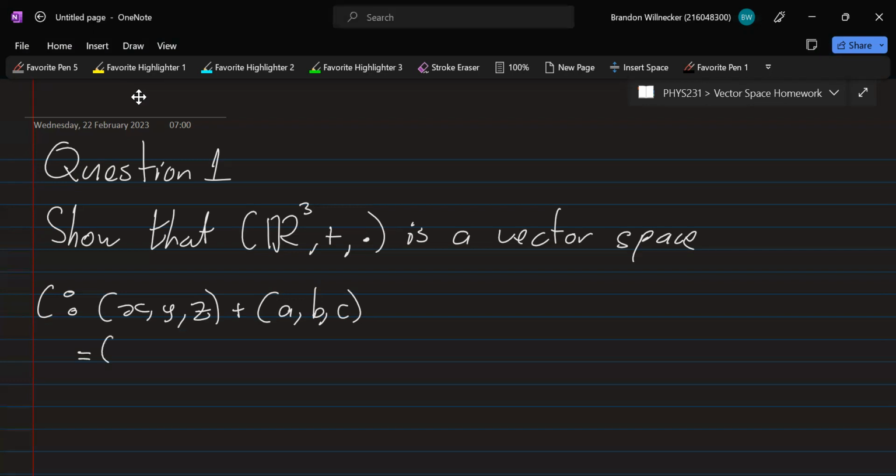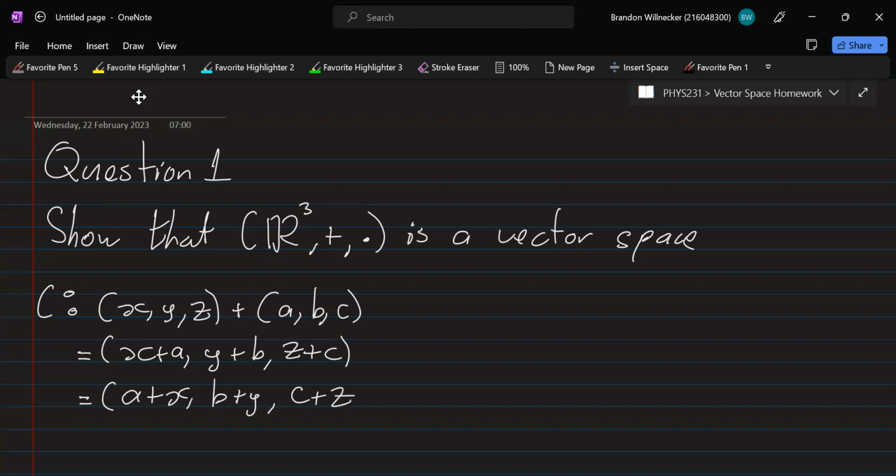So by definition, this is going to be x plus a, y plus b, z plus c in that order. Now this addition inside the tuple, that's the addition on the real numbers. We're going to assume that that is commutative, which means we can swap the ordering of that. So this will be a plus x, b plus y, c plus z.